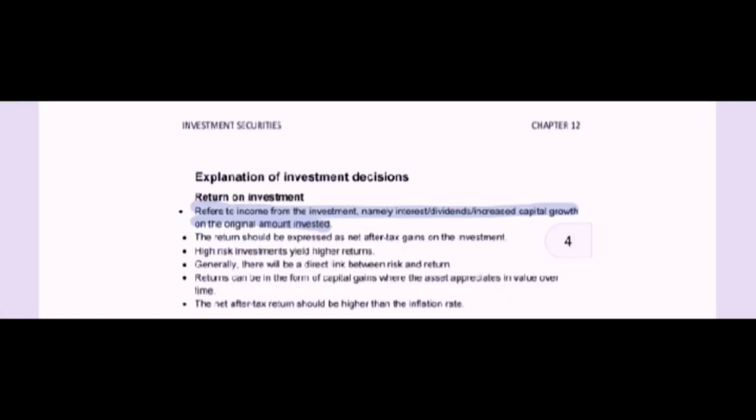What is a return on investment? Return on investment refers to income from the investment, namely interest on the original amount invested. When they say return on investment, they are simply talking about the interest that you got on the money that you have invested.